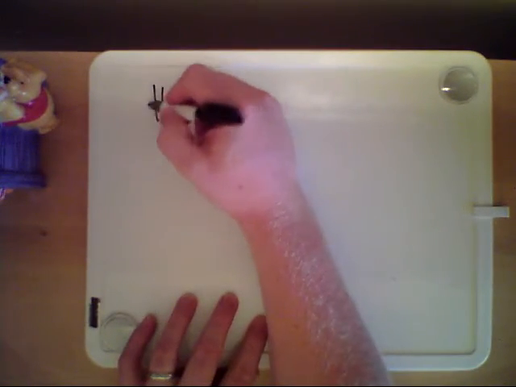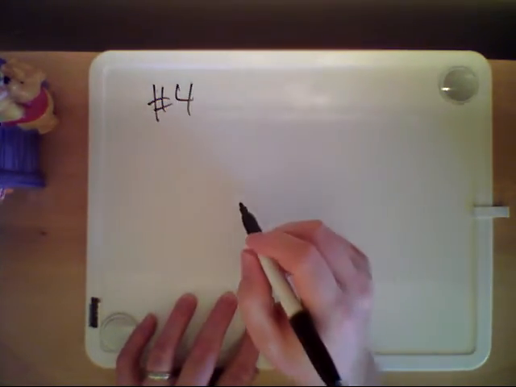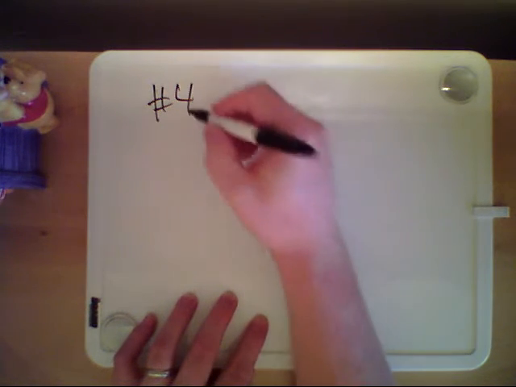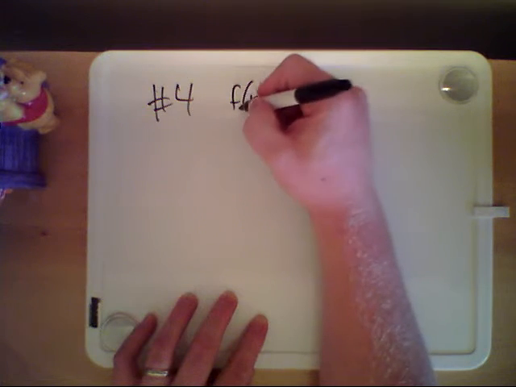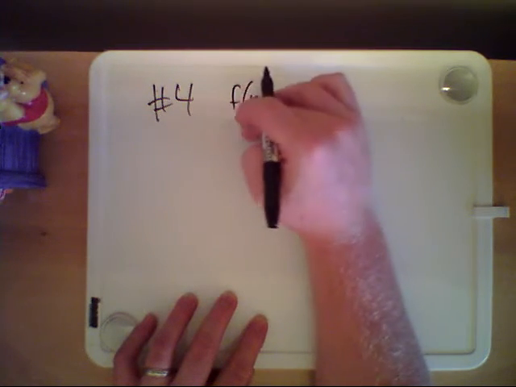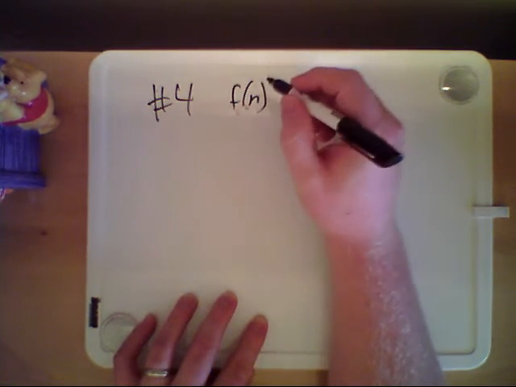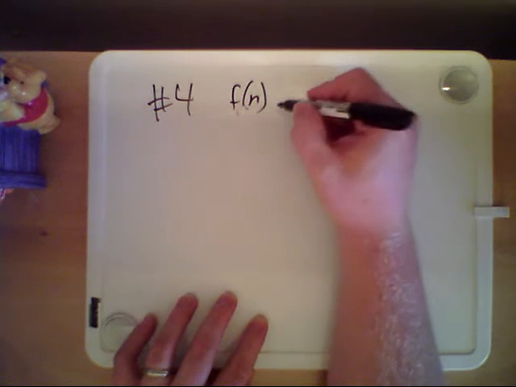All right, number 4. We have f of n, multiplied by the u. Looks like fun, right? Just kidding. F of n equals 3n minus 4.